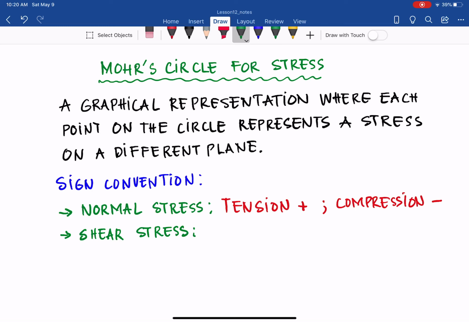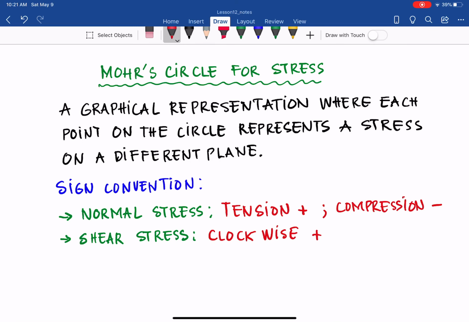But here it's a little bit different. If the shear stress creates clockwise rotation, then it will be positive. As you can see, a little bit strange.